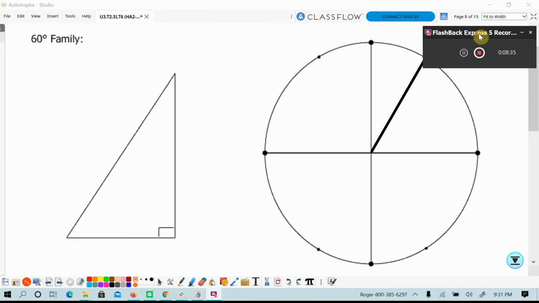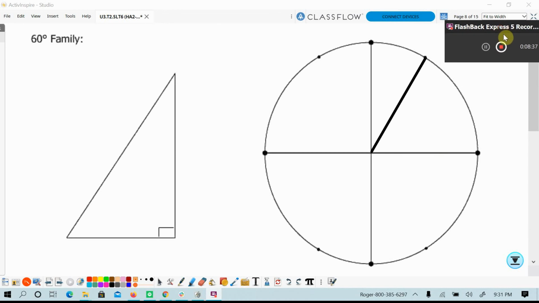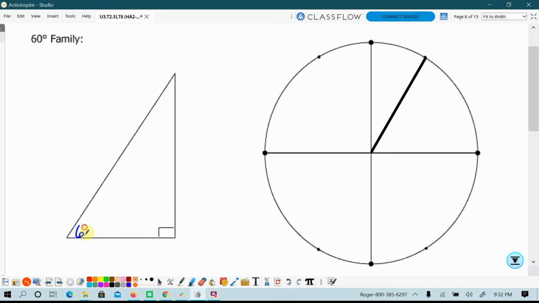Okay, last we're going to use the 60-degree angle family. Now, this is good for us because if you recall from the 30-degree family, we talked about 60 degrees in terms of where it was positioned in the figure. So now, in my lower left-hand corner of my right triangle here, I'm going to put 60 degrees, which would mean 30 degrees would be here.